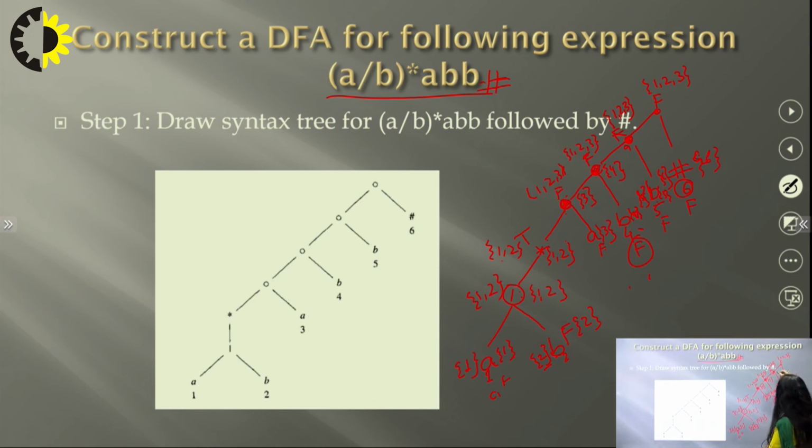Now, the last pos of this concatenate symbol is also 5. Why? Because nullable C2 is false here. So, the last pos of the concatenate symbol is the last pos of C2, that is 5. For this node it is 6.